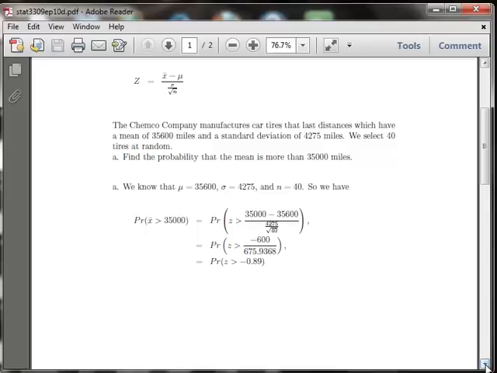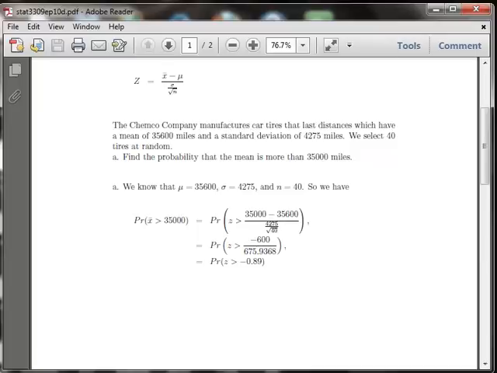So we know from the story that mu is equal to 35,600, sigma is 4275 and n is 40. So we have the probability that x bar, notice this x bar, is greater than 35,000, and that gives us the probability that z is greater than 35,000 minus 35,600 over 4275 all over the square root of 40.